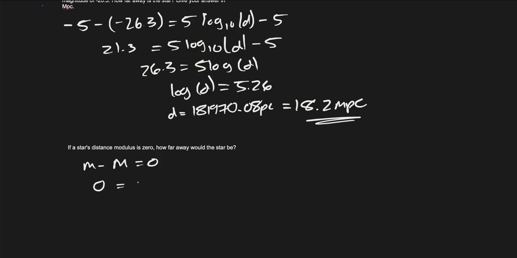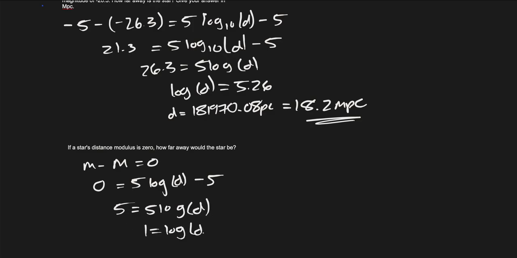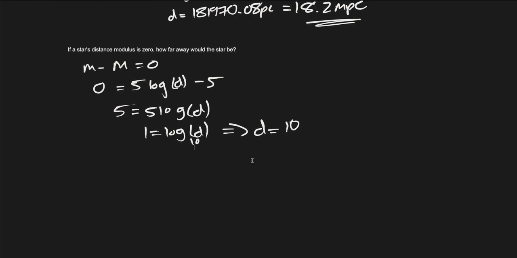So 0 is equal to 5 log d minus 5. If we add 5 to both sides, we get 5 is equal to 5 log d. So you get 1 is equal to log d. And that therefore implies that d is equal to 10 because it's log base 10. So the distance to the star is 10 parsecs.